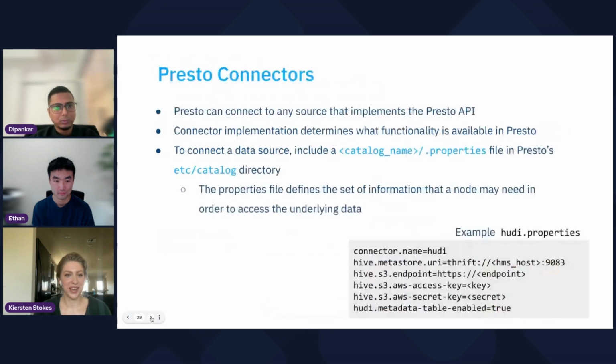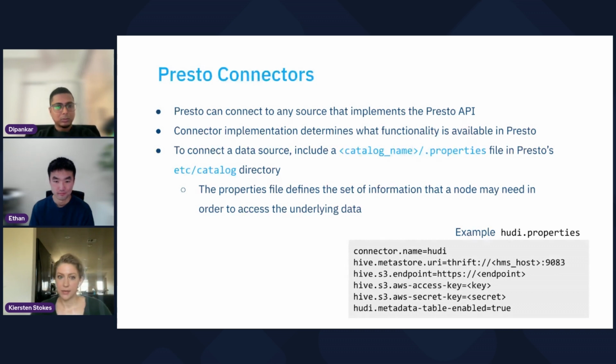All right, so Presto is fast, that's great. But the other big piece, as we mentioned, is the concept of Presto connectors. Presto can basically connect to any data source that has an implementation of the Presto API, including proprietary sources as well.